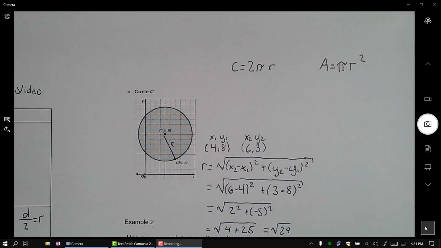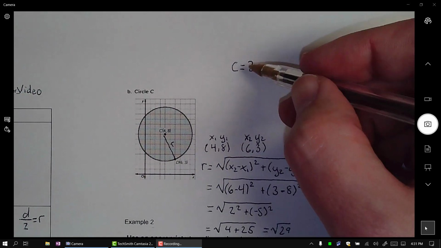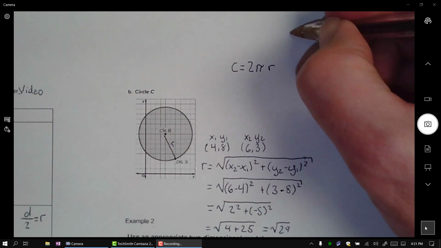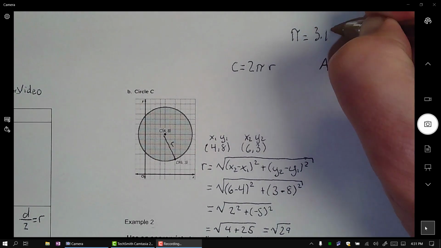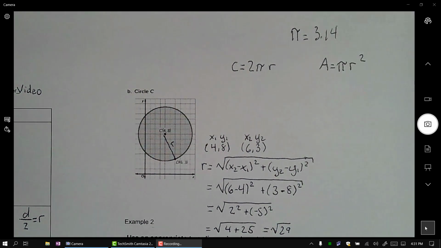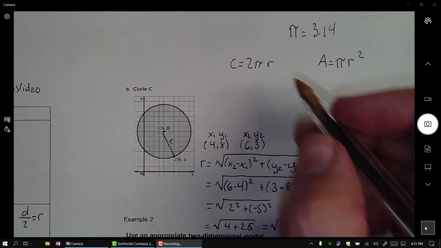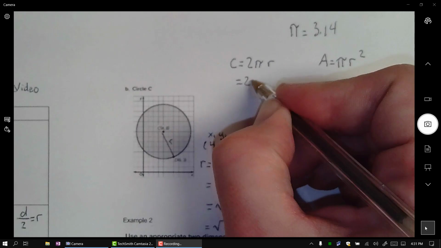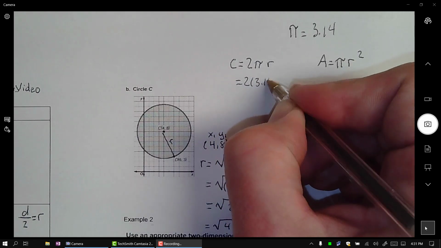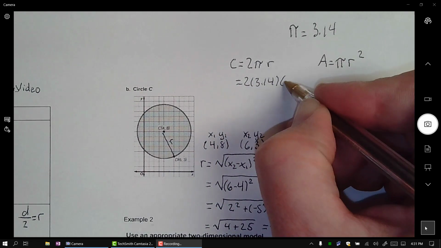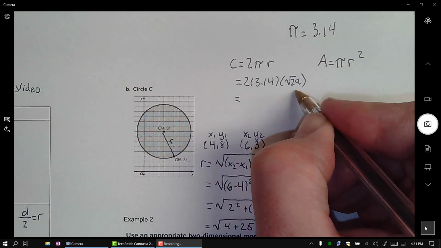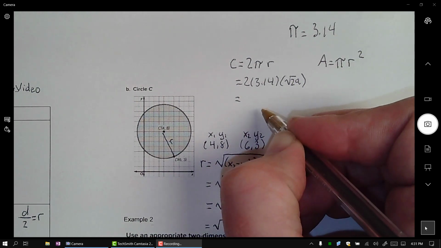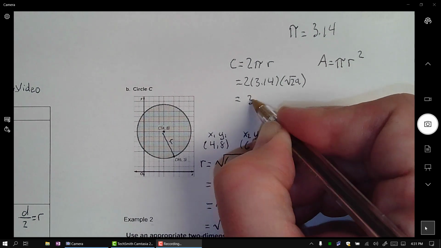So now I have my R value. Now I can put it back into both of these. And remember, pi equals 3.14. So let's put it in. So this is going to give me 2 times 3.14 times the square root of 29. And when I type all that into my calculator, I end up getting 33.8.